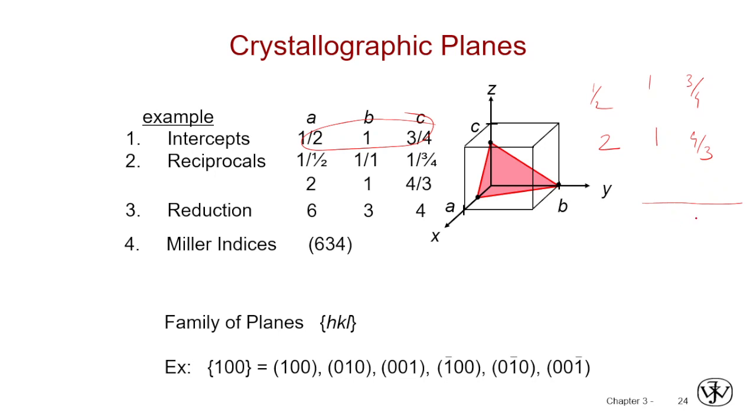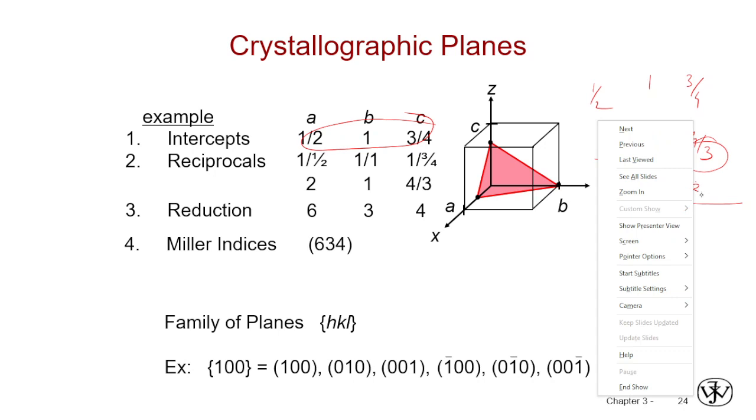Finally, we take 3, I guess. 3 is the only LCM here. The other is just 1. So we take 3 common, and then 2 3s are 6. Then 1 into 3 is 3.